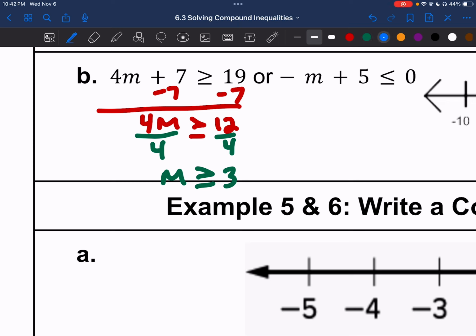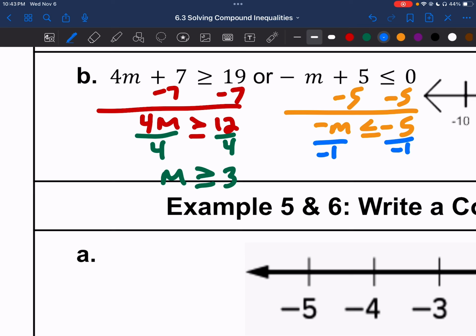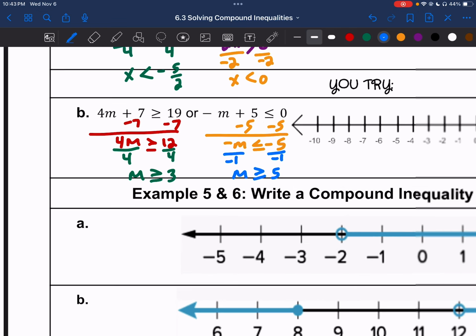Now, we are going to subtract 5 from both sides on the right. So we have negative m is less than or equal to negative 5. And then we are going to divide by negative 1. And we get m is greater than or equal to, because we flip our inequality symbol, 5.